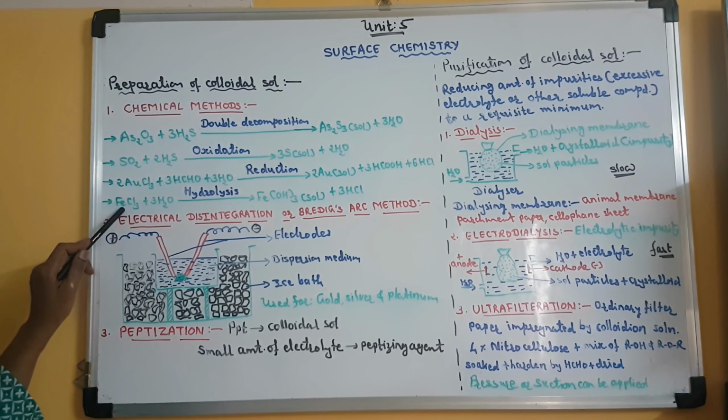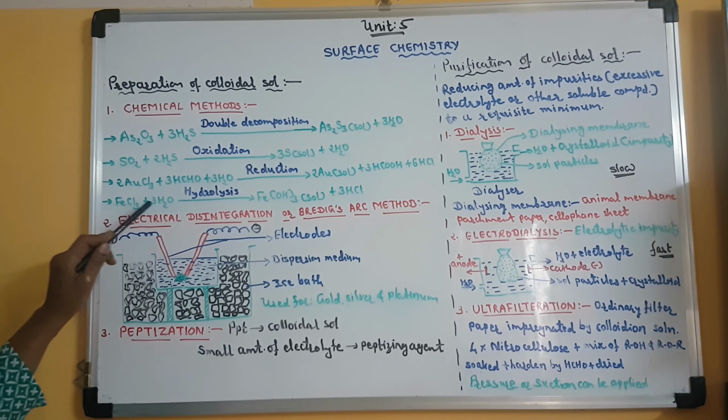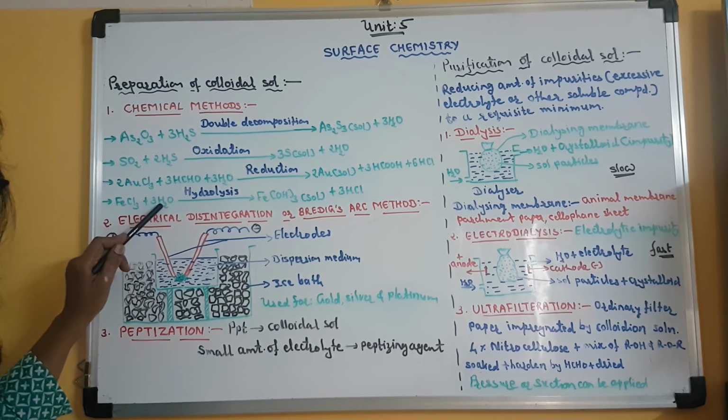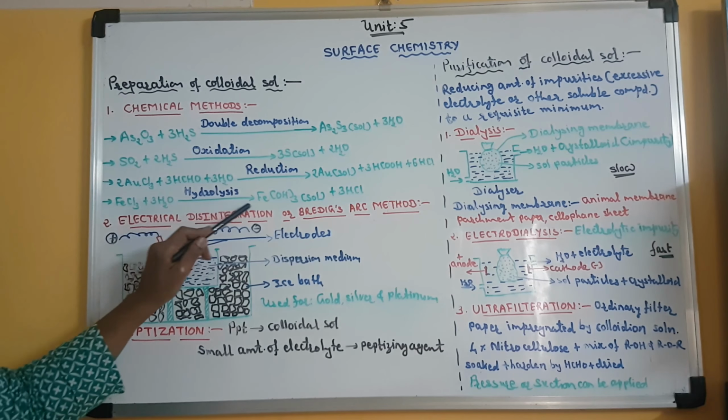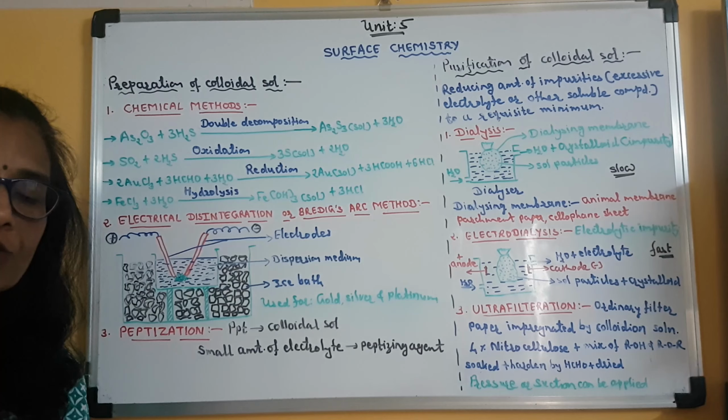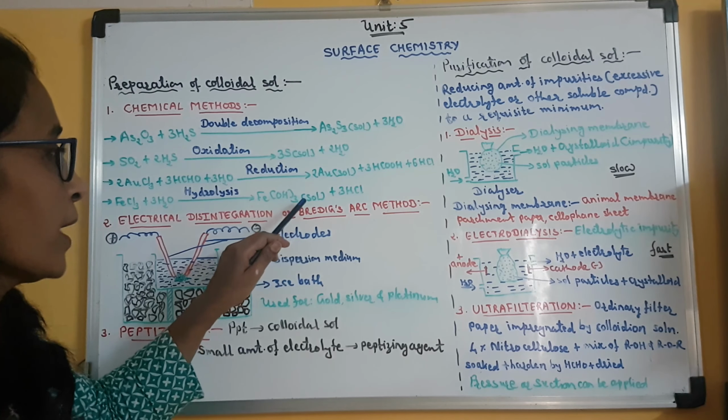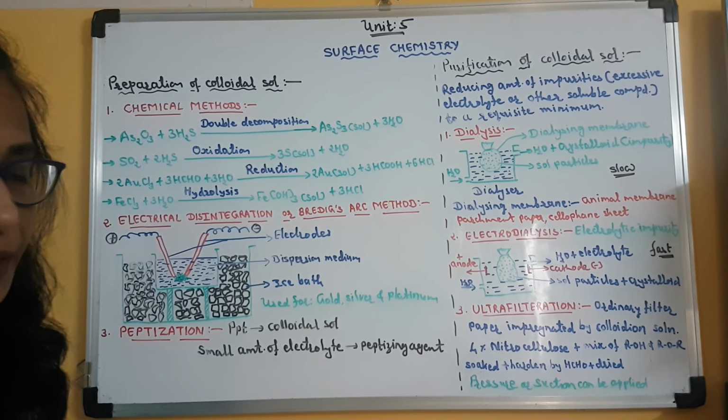Here FeCl3, ferric chloride, when water is added to it, there will be hydrolysis and the precipitate of Fe(OH)3, that means ferric hydroxide, will be obtained, and that is known as a sol. Clear?